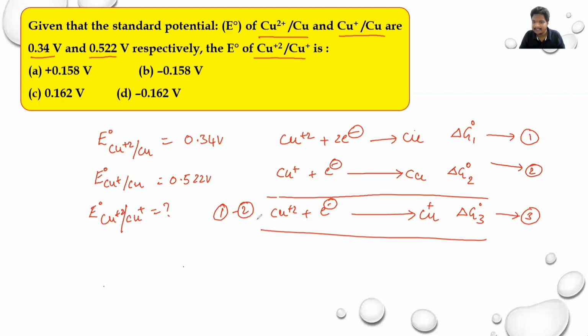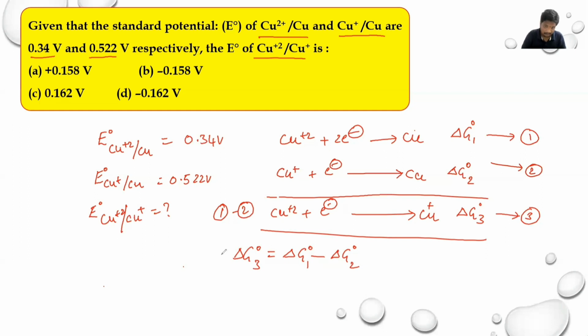So the standard free energy change of this reaction is equal to the standard free energy change for the first reaction, Cu2+ to Cu, minus the standard free energy change delta G2 naught, that is Cu+ to Cu.